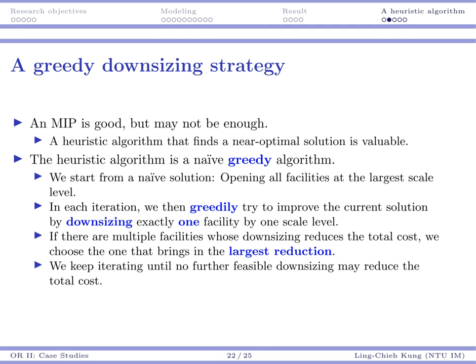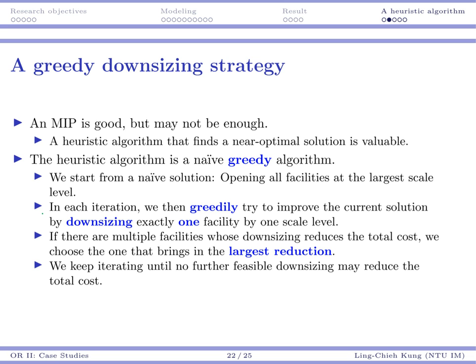So how do we do that? We start with a naive solution, the current solution. We first try to open all facilities at the largest possible scale level. So it's possible that there are too many facilities at too large levels. We don't need that many large facilities.